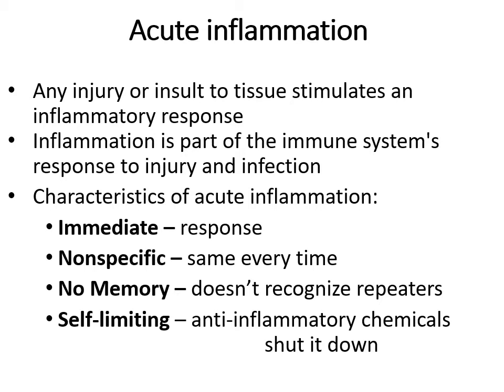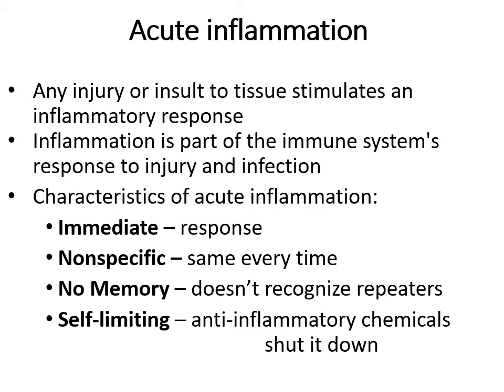So we're going to stick to acute inflammation. So acute inflammation is typically from an injury to the tissue that stimulates the inflammatory response, or of course an infection, right? Any infection that's been introduced into the body is going to set up an inflammatory response as part of the innate immune system. So what are the characteristics of acute inflammation?